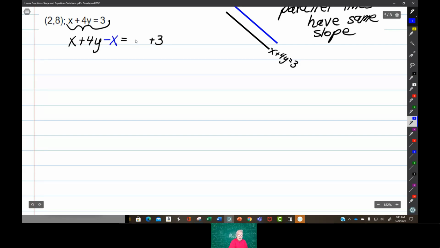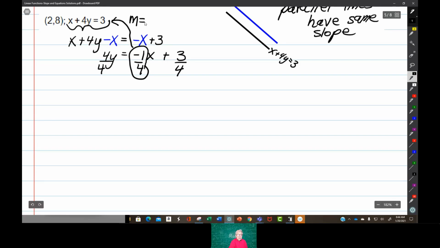Minus x, minus x. X minus x is 0, so I'm left with 4y on the left and negative 1x plus 3. Then I divide by 4, divide by 4, divide by 4. This is the slope of the given line. M equals negative 1/4.